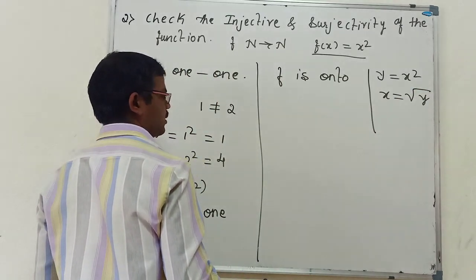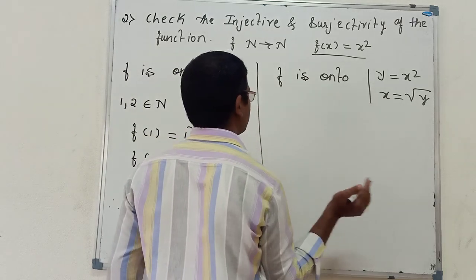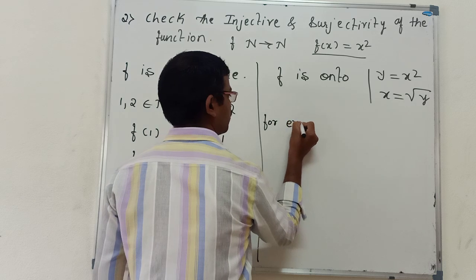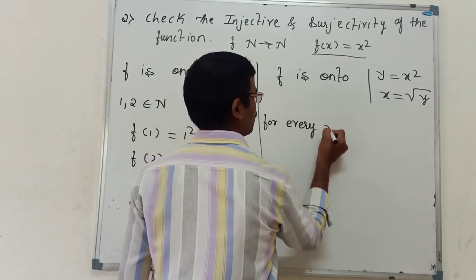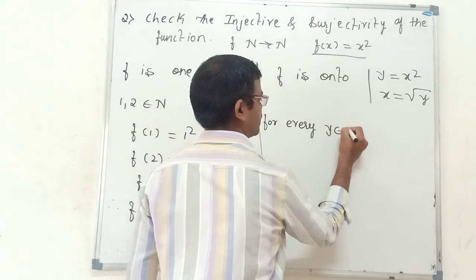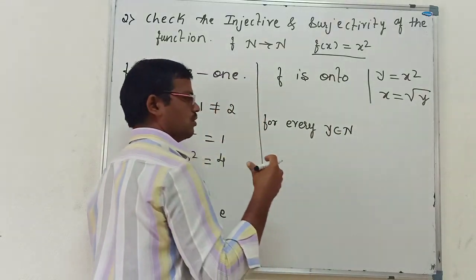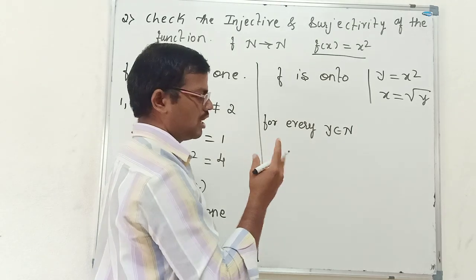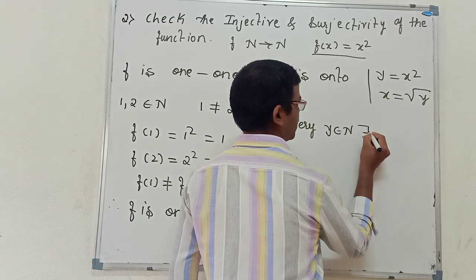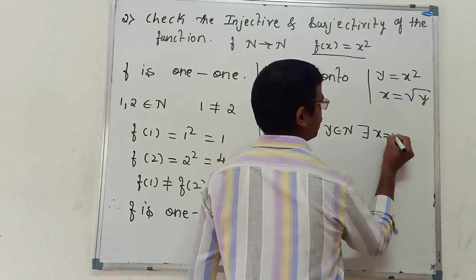What is the statement? For every y belonging to the codomain, the natural numbers, there exists x equal to root y.